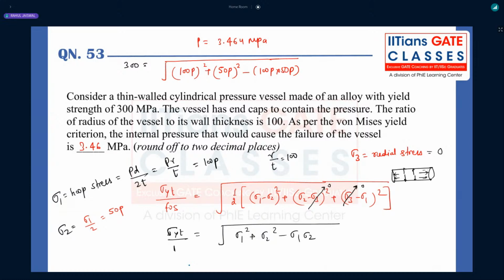Anupam, what is your answer? Yes. Anyone can confirm the answer? What are all the answers you guys are getting? Correct.